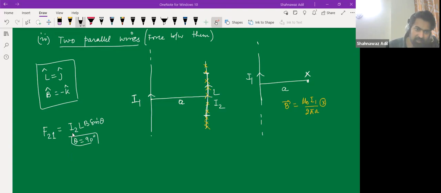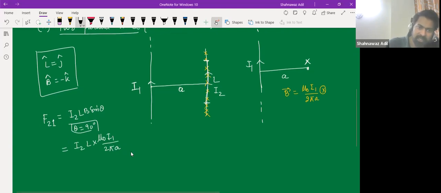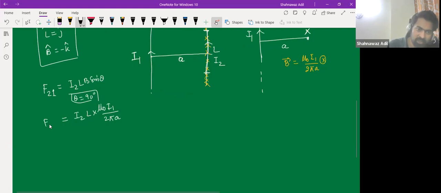And I2 is this, L is this, B we know. B is mu naught I1 divided by 2 pi d. So the magnitude of F21 would be mu naught I1 I2 divided by, sir, it should be I1, right? Yes, I have written I1.